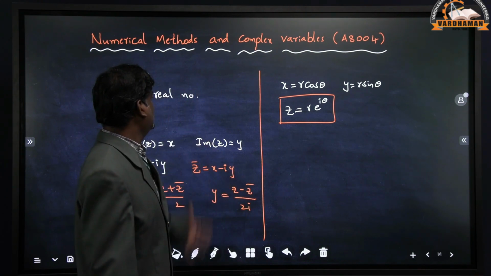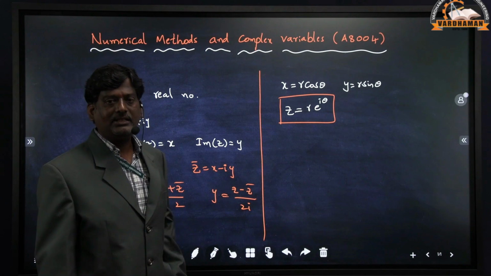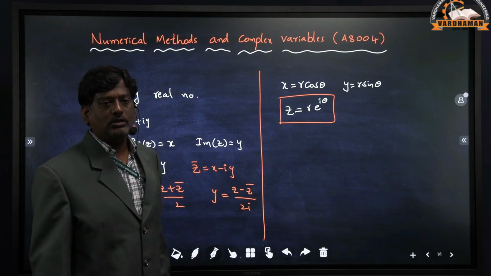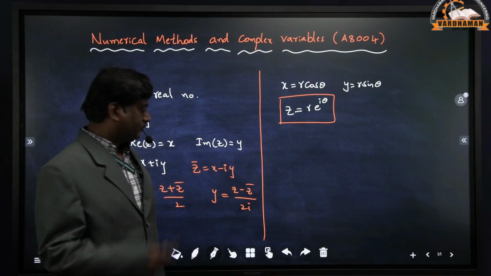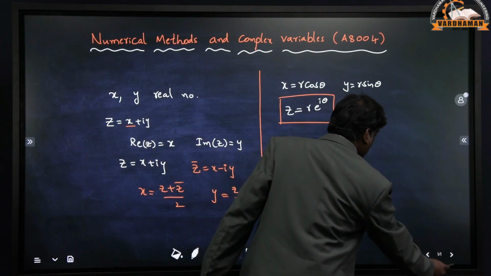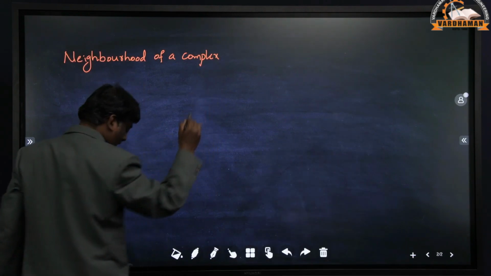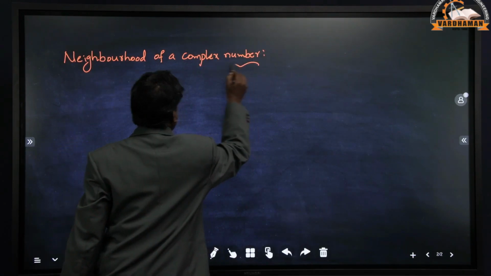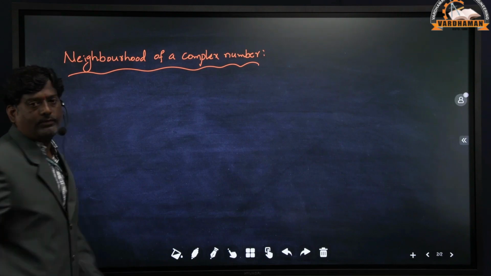Now, to understand differentiability, we need to know one more definition, that is the neighborhood of a complex number. Which one do we call a neighborhood of a complex number?